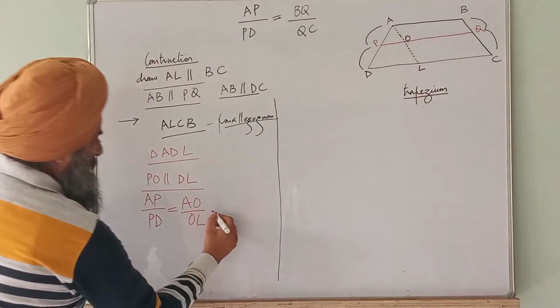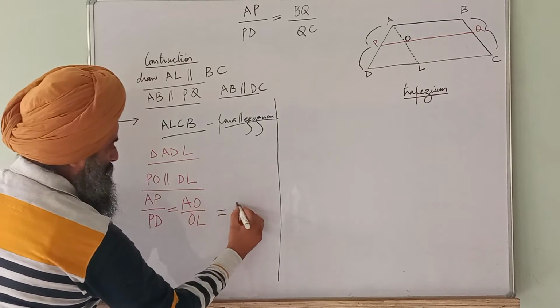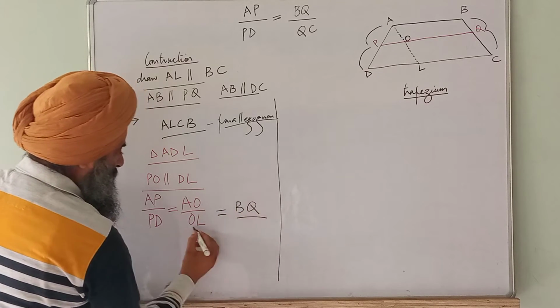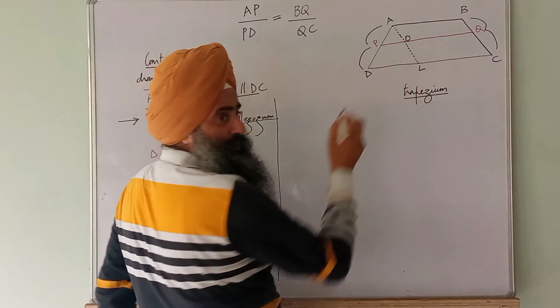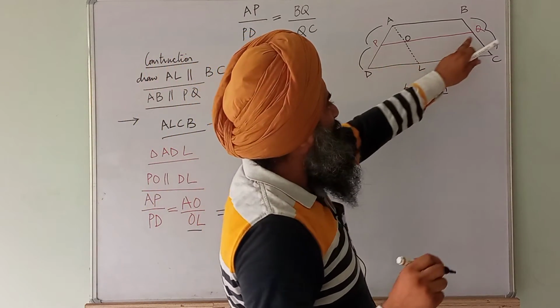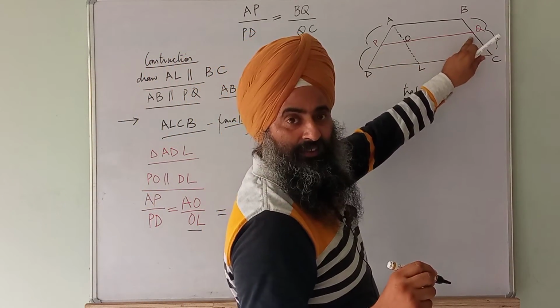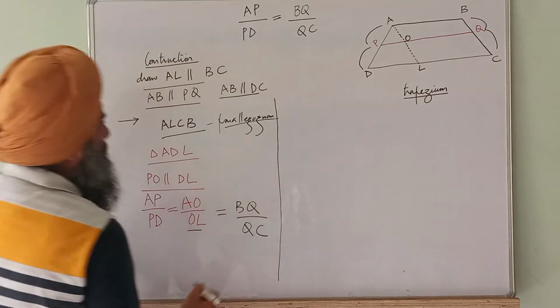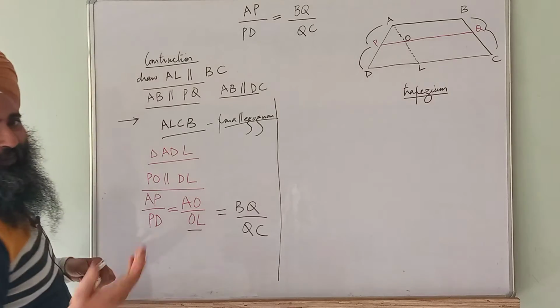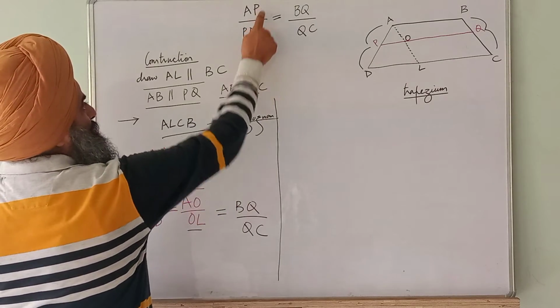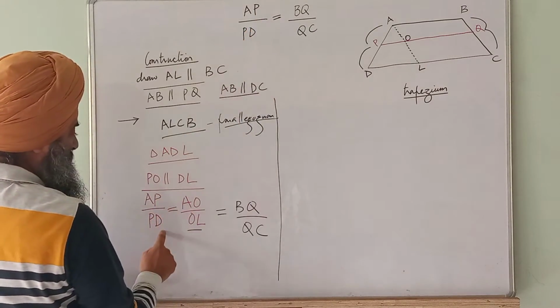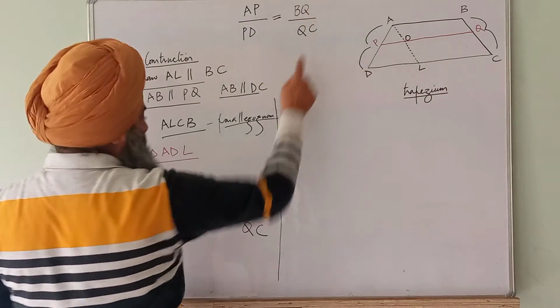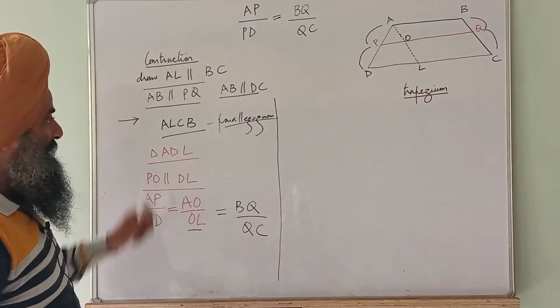So we can say OL is equal to QC. Alright, students, we have already proven what was asked: AP by PD is equal to BQ by QC. Right? This is a simple way.